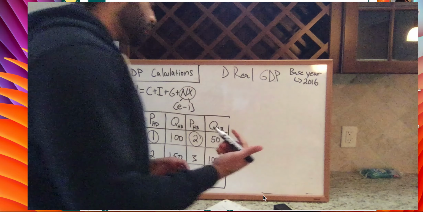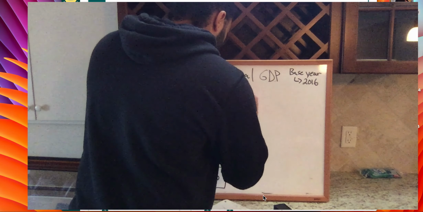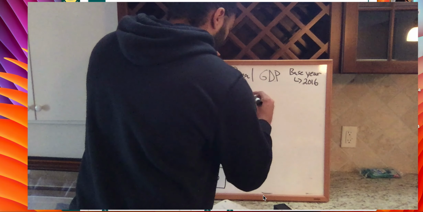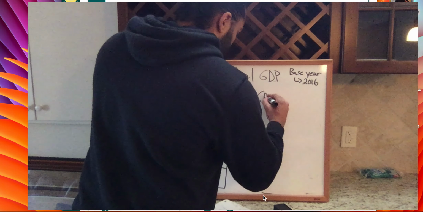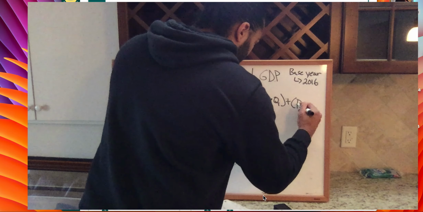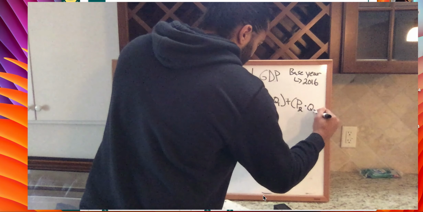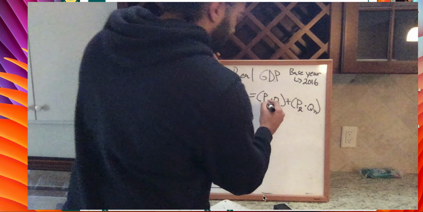So I'll give an example of the formula. So let's just say we're doing 2016. The formula would be price 1 times Q1 plus price 2 times Q2. And these are the goods.